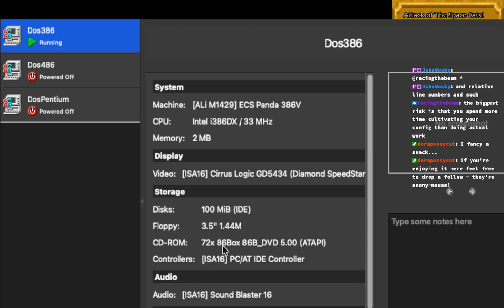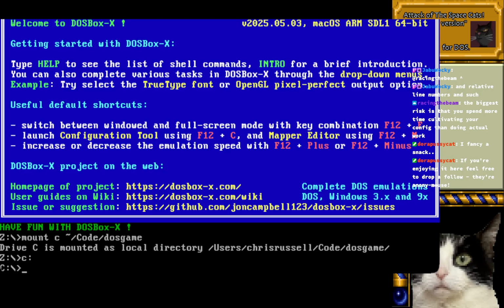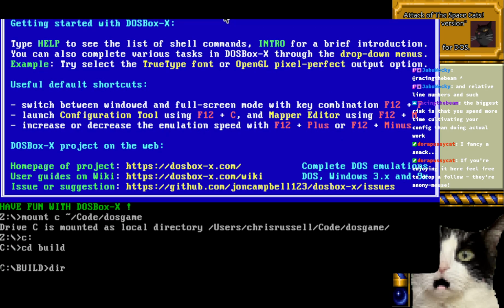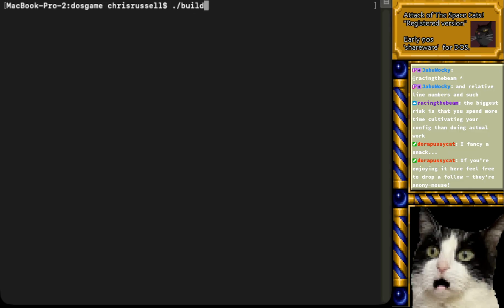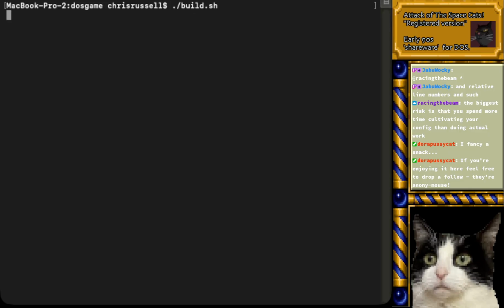The wrong DOSBox again. There we go. It's running away with this. Okay. So is OBS going to get confused when this spawns another DOSBox? I suspect it probably is.